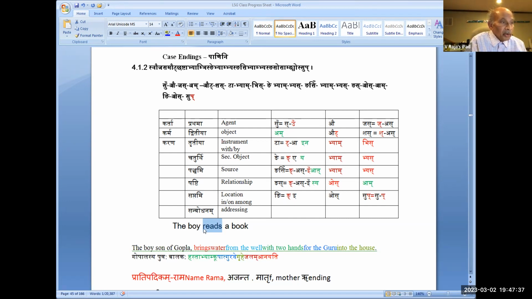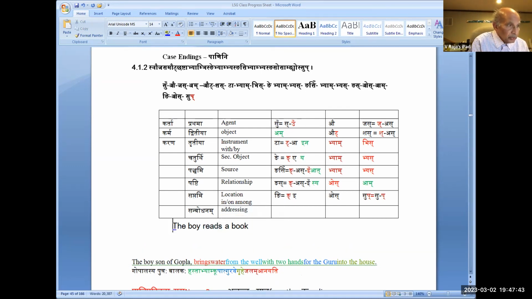When you write the boy reads a book, our first thing we have to do is look at this. The boy is masculine, and it is in pradhama vibhakti, subject, singular. Reads, it is not obvious from English, but we know it is third person, singular, active voice, and present tense.